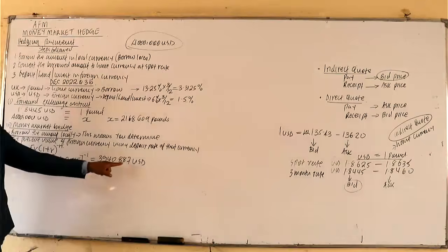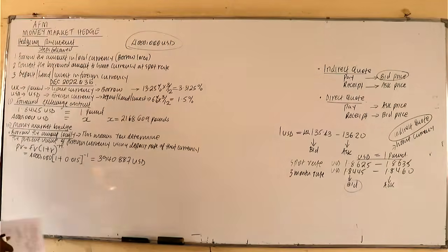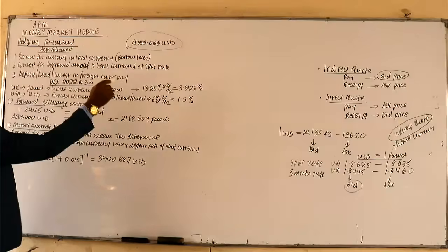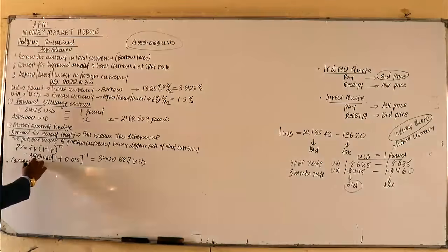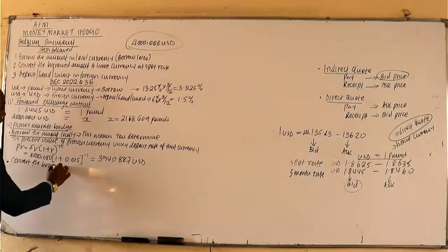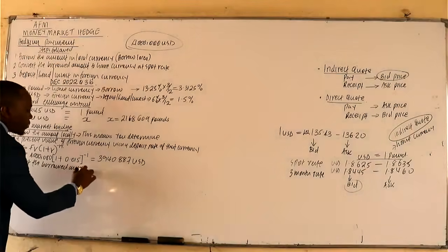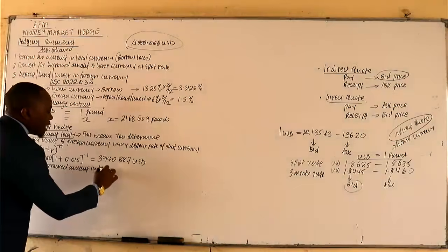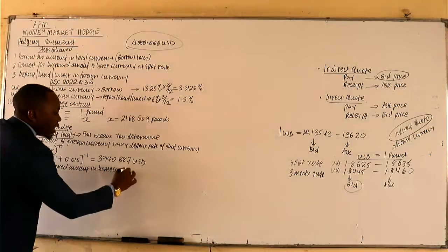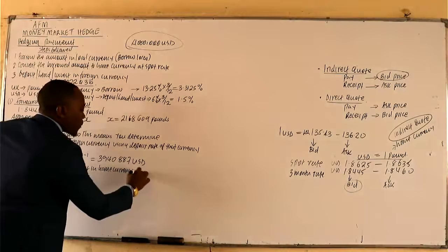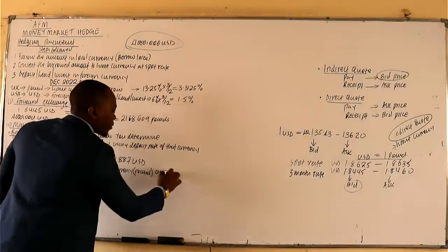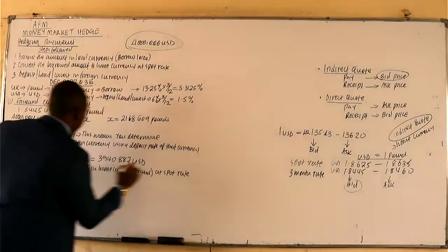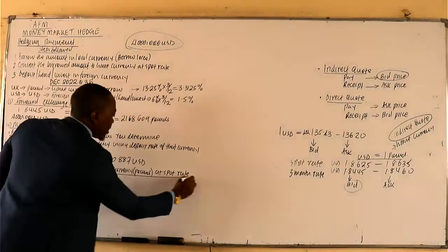Then, if you determine the amount you need to borrow, the second step was you convert the borrowed amount into home currency at spot rate. The home currency is the pound. So you convert the borrowed amount at spot rate.